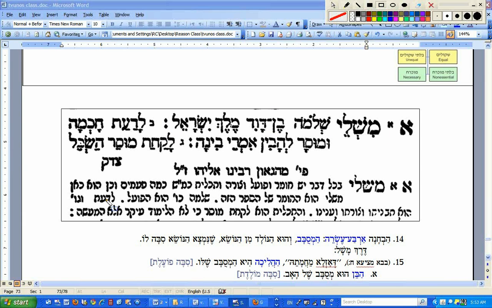Ledas chachma umusar lehavin imrei vina. That's the tavnis, the tzura of the book. The tzura is to teach us wisdom. And what's the tachlis? The tachlis is lekachas musar.